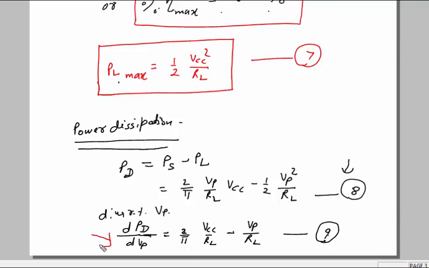Now what happens if PD reaches maximum? After maximum, it means it will be saturated, there won't be any change. It means PD max we get when the differentiation becomes 0, meaning there is no rate of change. So based on this we can write that for PD max the differentiation of PD with respect to Vp should be 0, because PD has reached the maximum value.